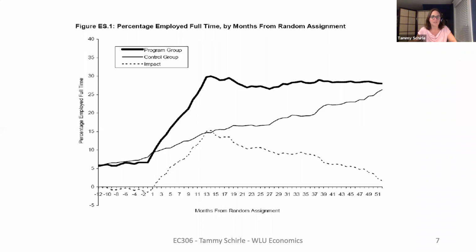But not all of this increase can be attributed to the program. We also see a steady increase in employment for the control group, because over time, many people do leave welfare for jobs. So the control group is used as a baseline for what would have happened anyway. And the difference between the two groups, represented by the dashed line here, shows the effect of the program.